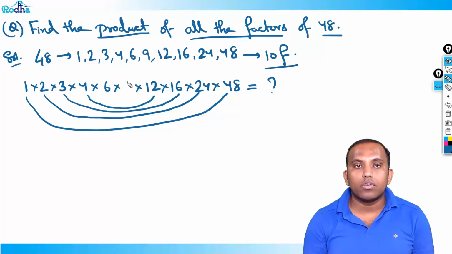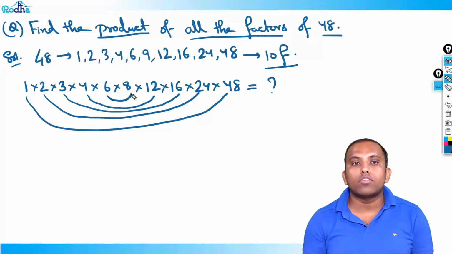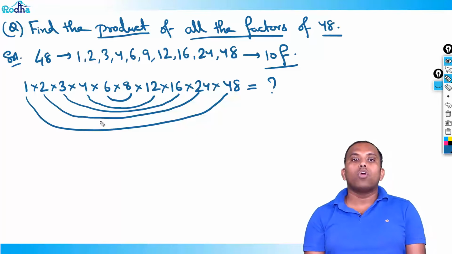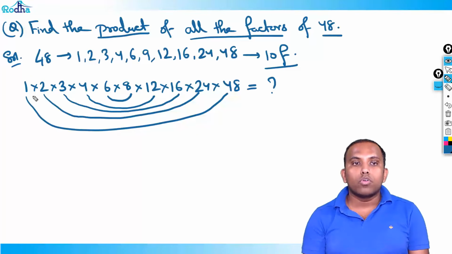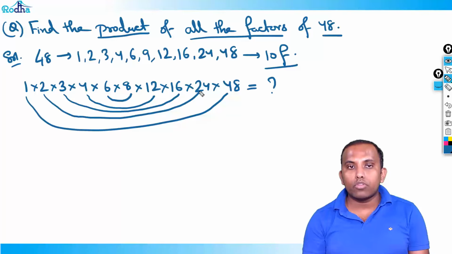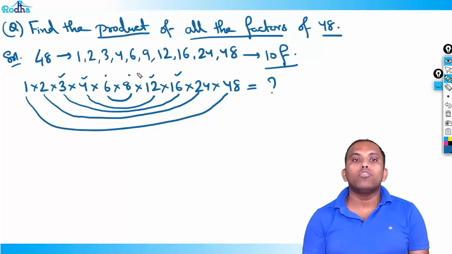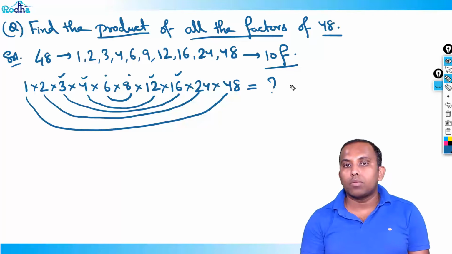So 6 into 8 is also 48. So 1 into 48 is 48, 2 into 24 is 48, 3 into 16 is 48, 4 into 12 is 48, and 6 into 8 is 48. So how many 48s did we get here? Five 48s.